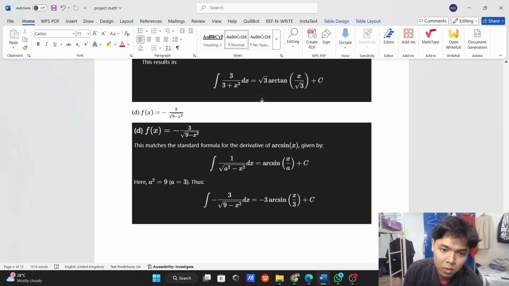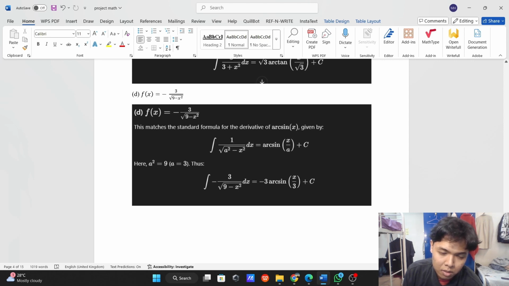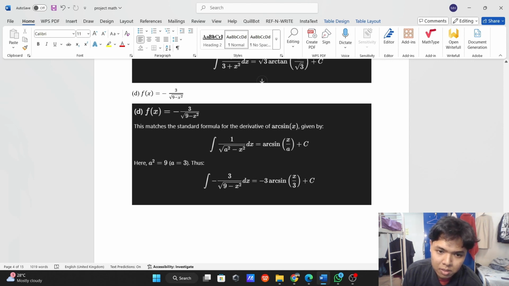D. f(x) is equal to negative 3 over root of 9 minus x squared. This matches the standard formula for arcsine x, given by the integral of 1 over root of a squared minus x squared dx is equal to arcsin x over a plus c.